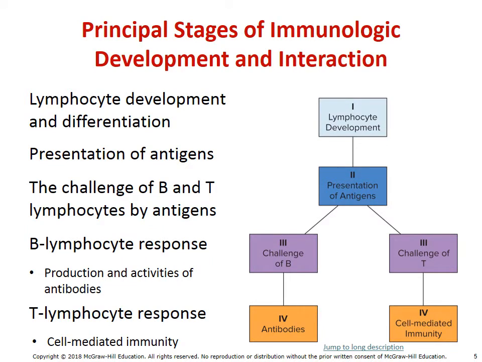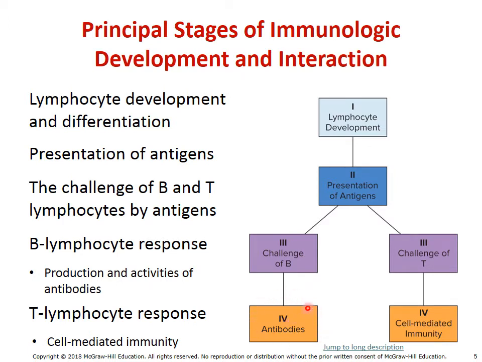So whenever we look at this, lymphocyte development is going to have basically some core characteristics in how we made white blood cells. But really, where this gets interesting is whenever these lymphocytes are presented with an antigen, at which point B and T cells do different things. The B cell, whenever it becomes presented to an antigen, starts to produce what's called a plasma cell, and that plasma cell pumps out antibodies.